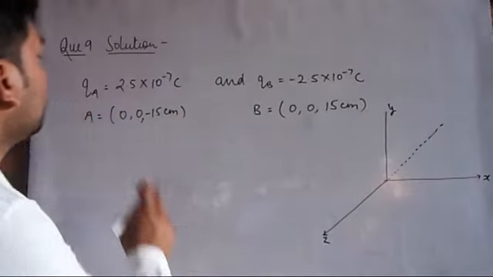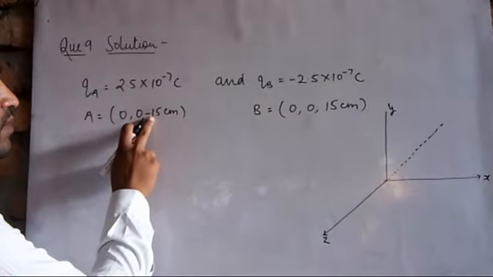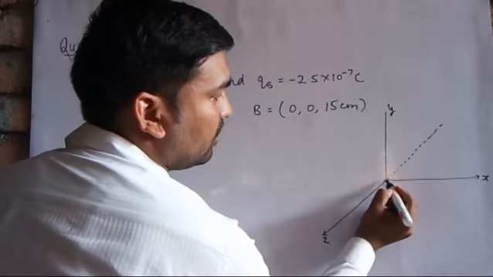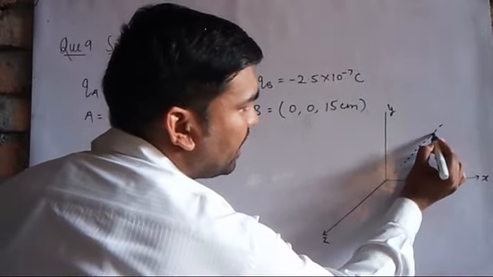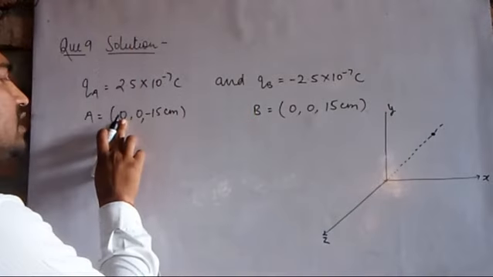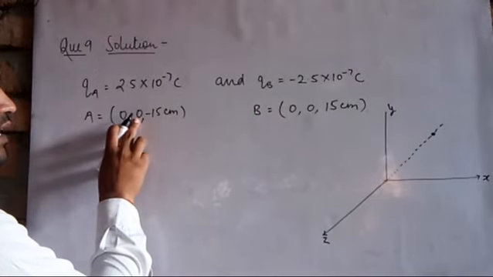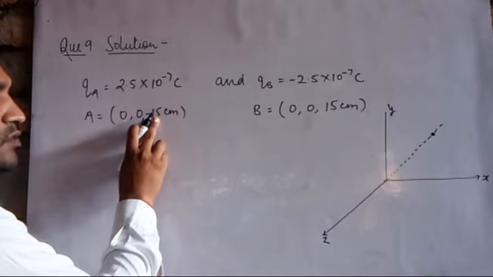Now the charge A is placed at 0, 0, minus 15 centimeter. This is the positive Z axis, then the minus X axis, at X axis 0, at Y axis 0, and at Z axis minus 15.